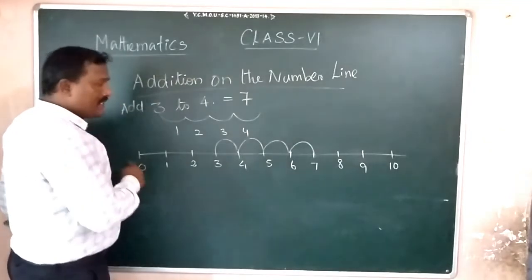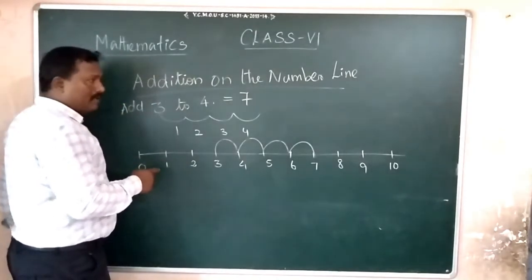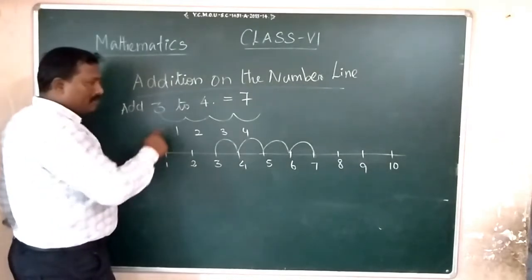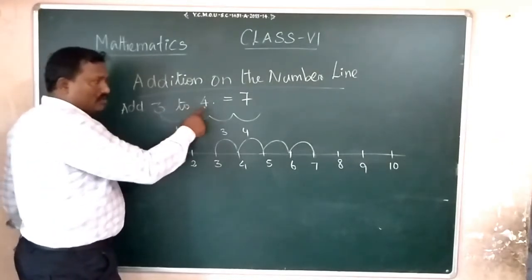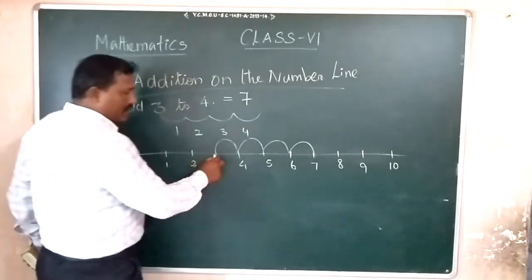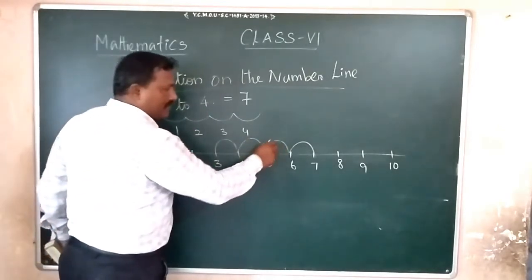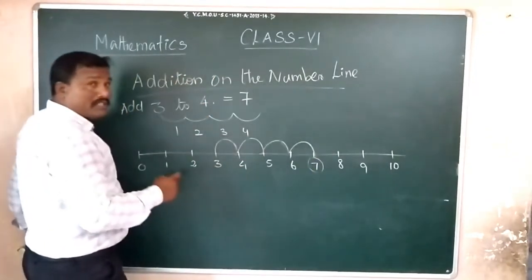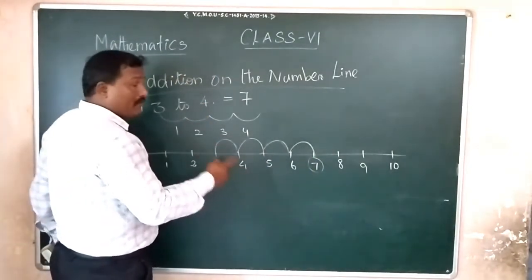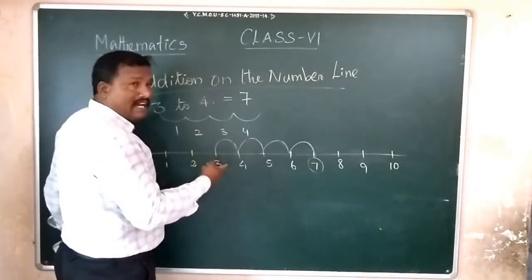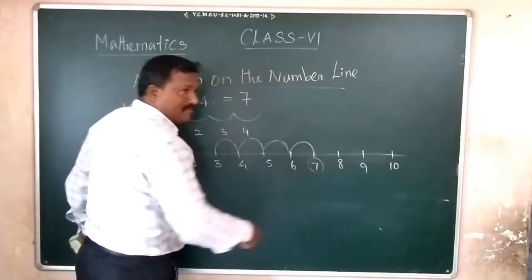So using this number line, we can add numbers. You are on 3, so we need to jump 4 times: 3 to 4, first jump, second, third, fourth, and then finally we reach 7. We need to jump to the right side, because we are adding. So if you want to add, you need to jump to the right side.